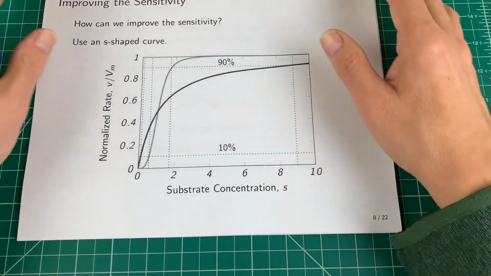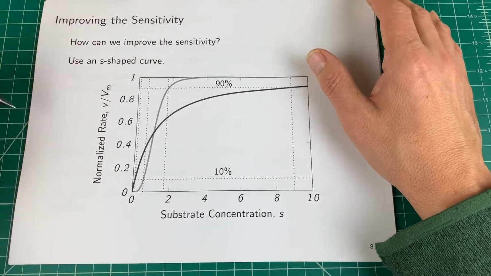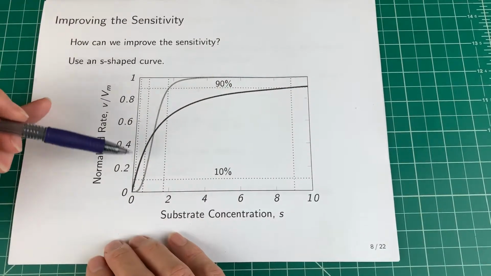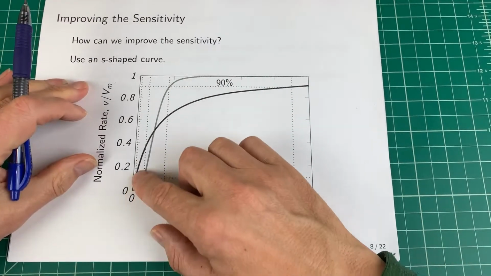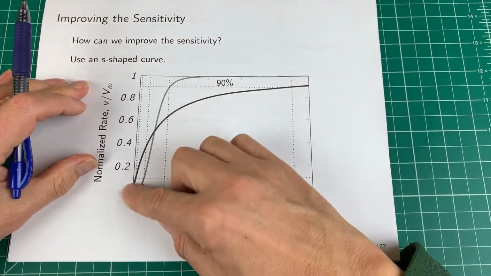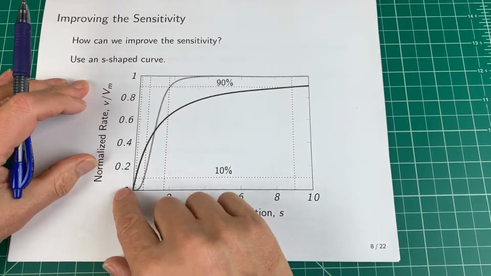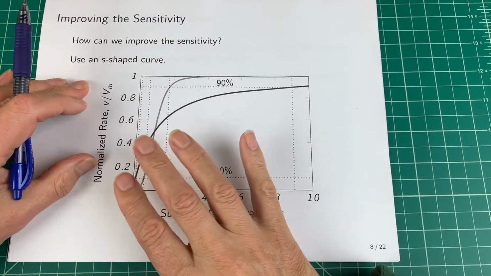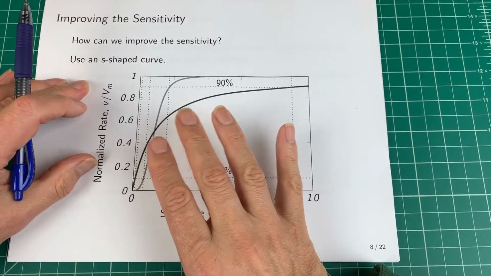How can we improve this? It's actually quite straightforward, and this is the main focus of the video. We use an S-shaped curve. What I have here is the Michaelis-Menten, the hyperbolic curve, and here an S-shaped curve. I've arranged it so they're comparable, so this has not been fudged in any way.